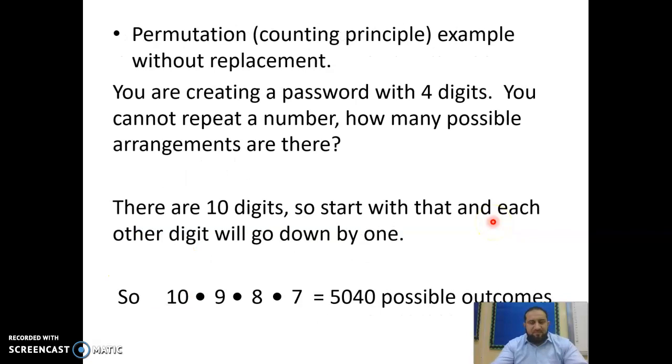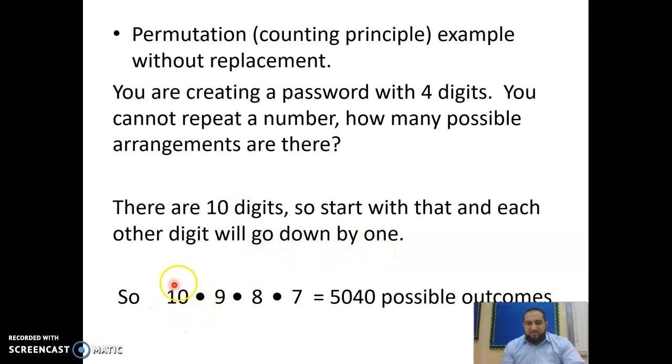Okay, so permutation and counting principle. Here is an example without replacement. You are creating a password with 4 digits. You cannot repeat a number. How many possible arrangements are there? From 0 to 9 there are 10 digits. So start with that, and each next digit will go down by 1.